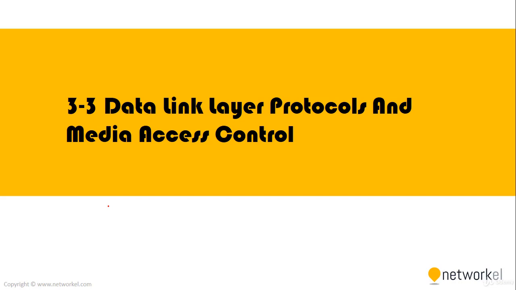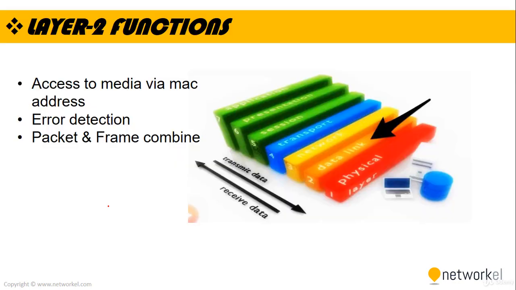Let's go ahead with the data link layer protocols and media access control now. The data link layer, or layer 2 of OSI, is the second layer of the 7-layer OSI model of computer networking and provides access to media via MAC addresses, guys. This layer is the protocol layer that transfers data between adjacent network nodes.